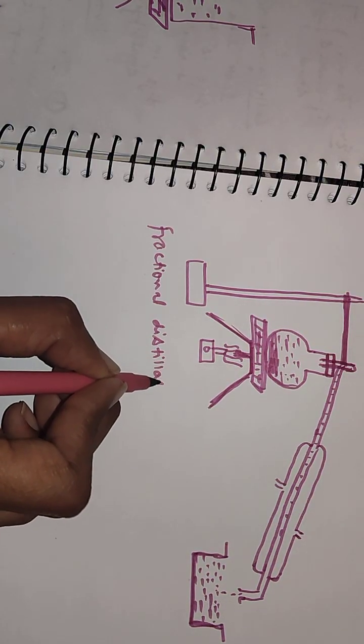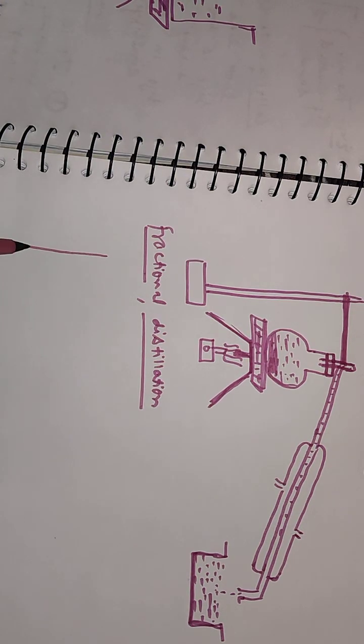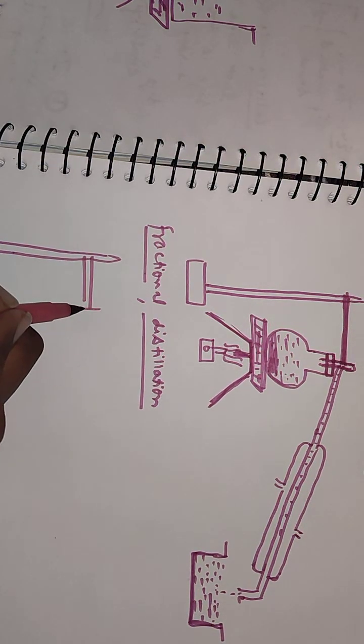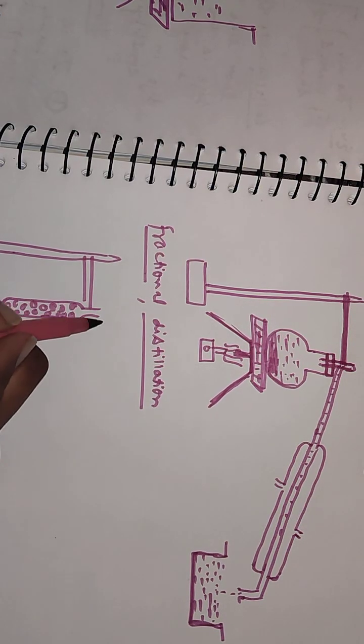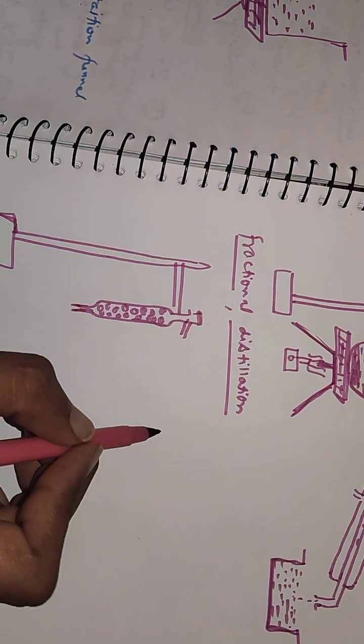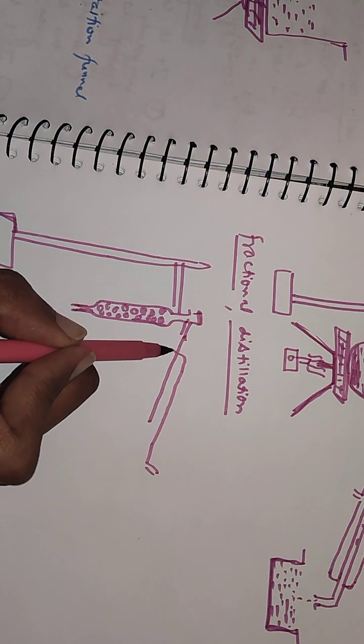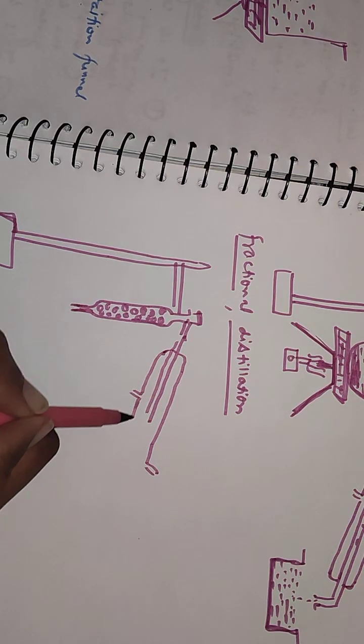In fractional distillation, we use a fractionating column with beads, on the stand, and here we mount its part, a funnel-like fractionating column. The beads let only very closely boiling point liquids move out, and if we connect its part like this, a water condenser is also used here, just like that.